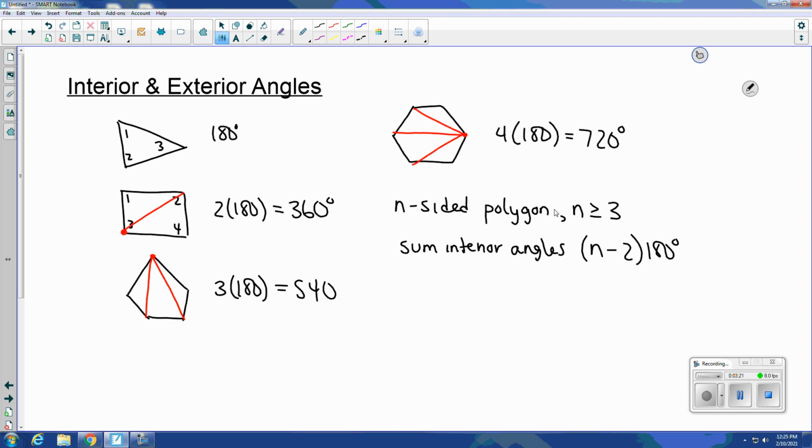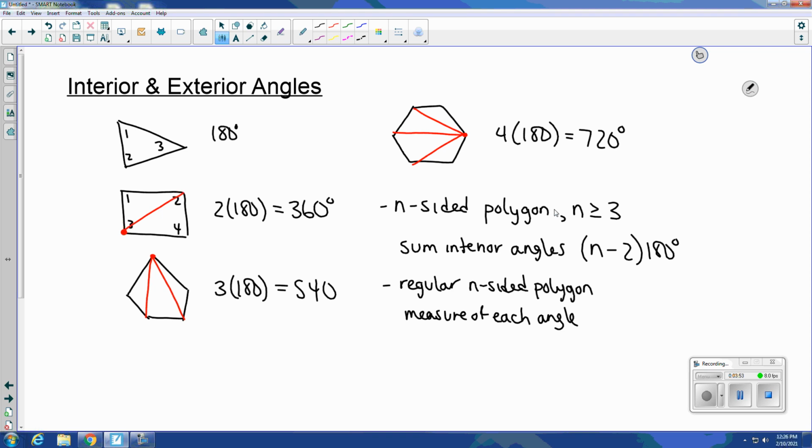Now, if we have a regular polygon, the measure of each individual angle will be the total sum divided by however many angles there are. How many angles are there? Well, there's the same number of angles as number of sides.